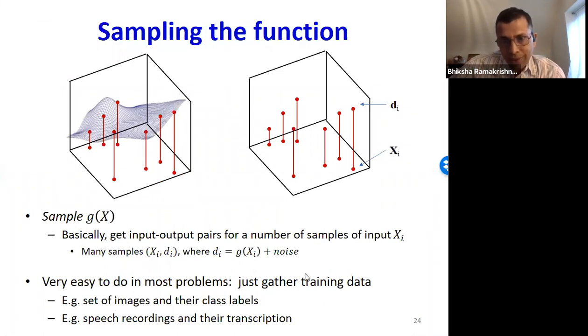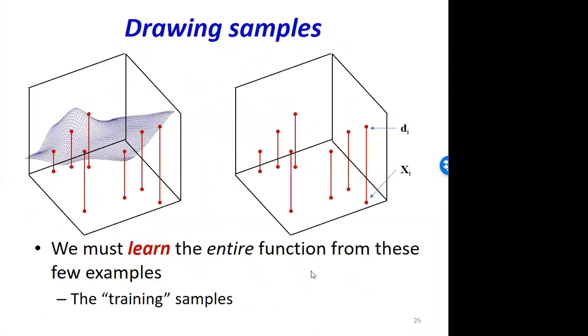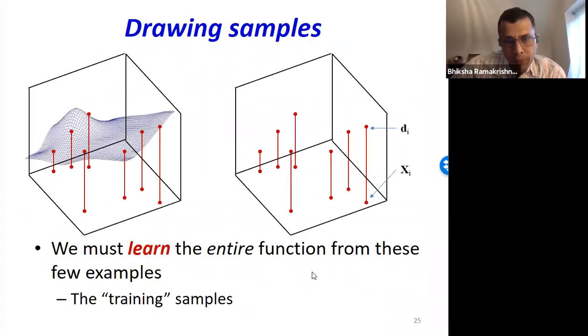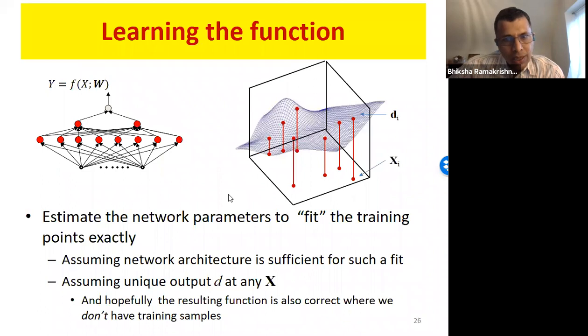Okay, thank you. So what we really have now is that we don't have the entire function, we just have these samples, and we have to estimate the function from these samples. Basically, what we are going to try to do is to estimate the function such that it fits these points, which we will now call the training points, exactly, because that's all the information we have.